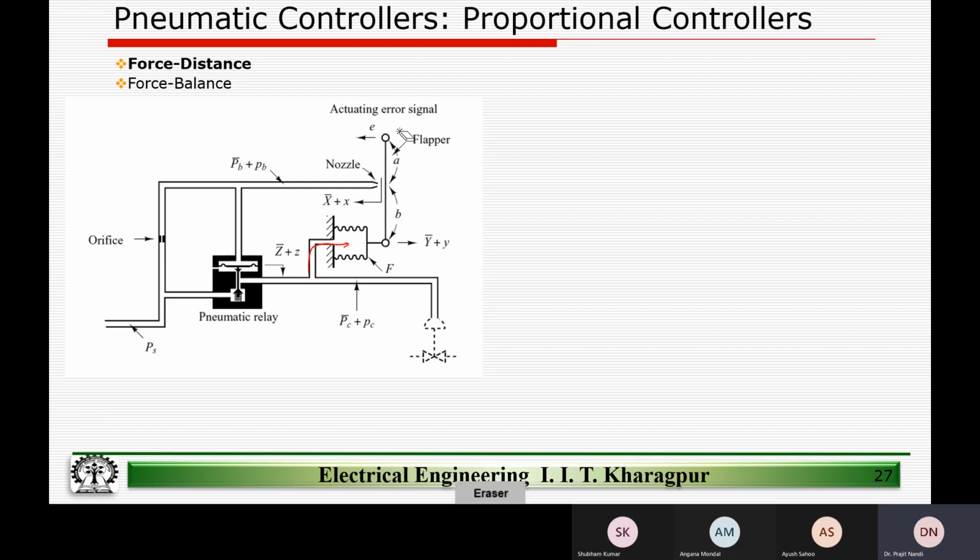Two things to note here. First, the input signal, the error signal, is given here, and this end is also movable. Unlike the flapper nozzle system where only one end was movable, here because we want the feedback, both ends are movable.